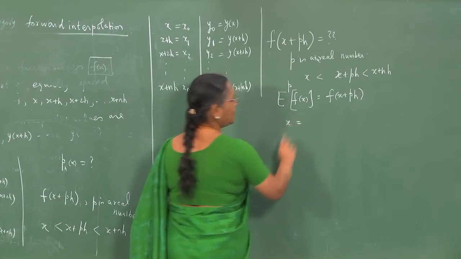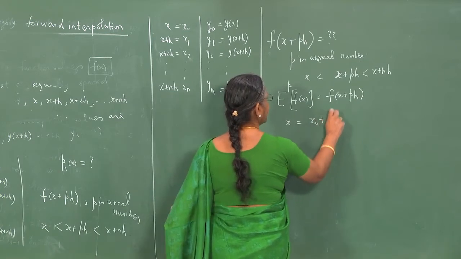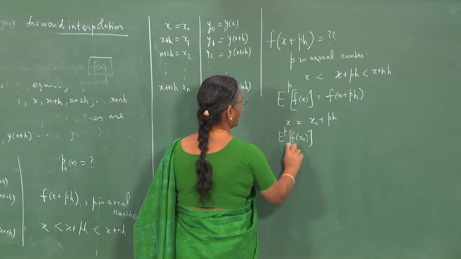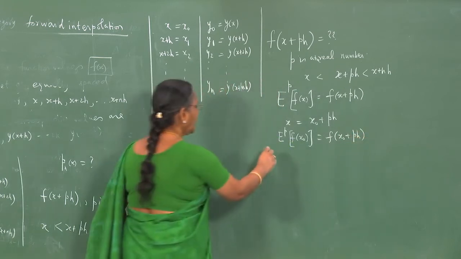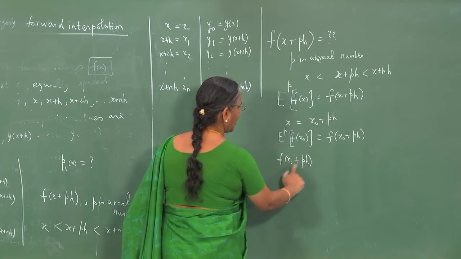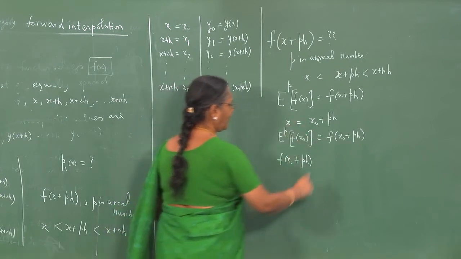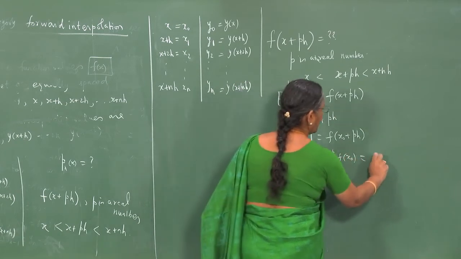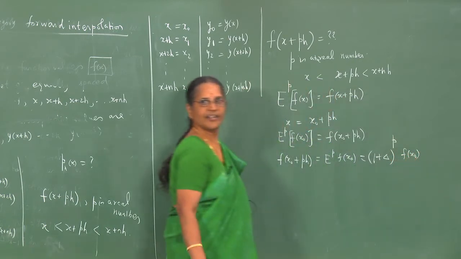So, let us get the information at x, which is x naught plus ph. Then E power p on f of x naught will be f of x naught plus ph. So, I will get the information about f at x naught plus ph if I evaluate E power p on f of x naught. But what is E power p? It is 1 plus delta power p on f of x naught.